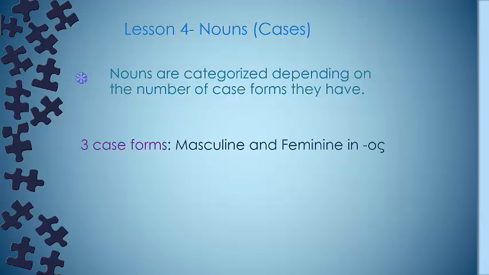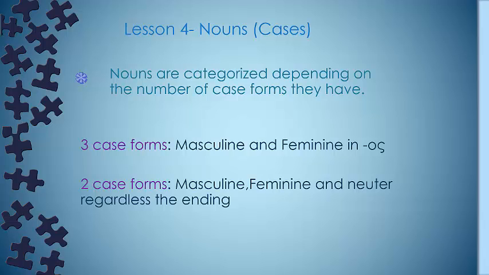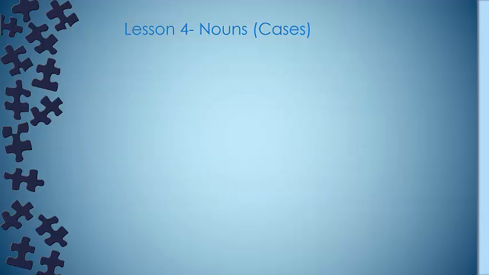So we have nouns that have three case forms, one for every case. Masculine and feminine nouns in os are in this category, and every other noun, regardless of gender or ending, has two case forms. Let's take a look at nouns that have three case forms.